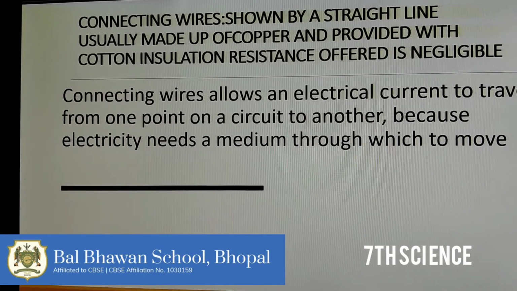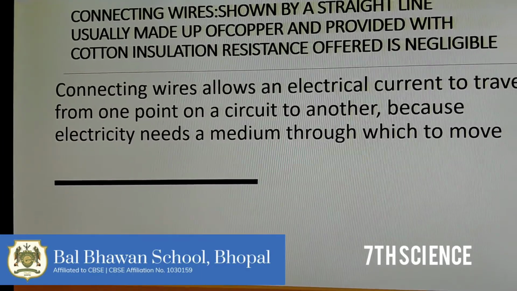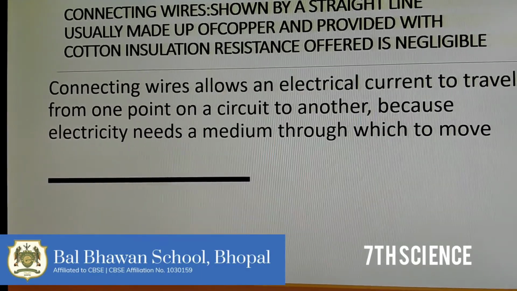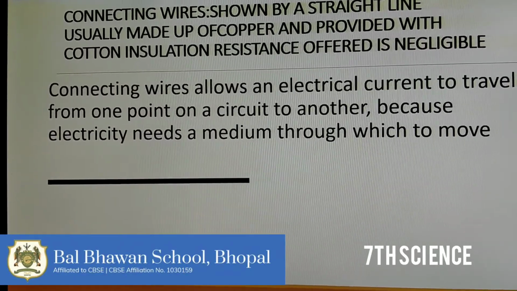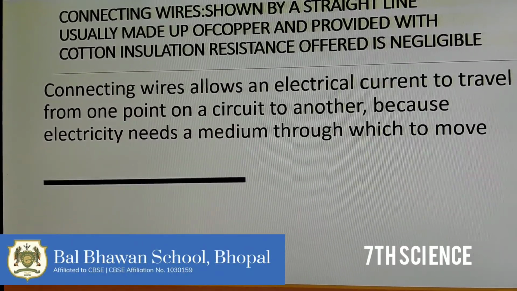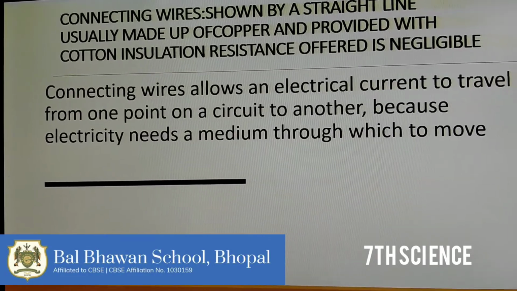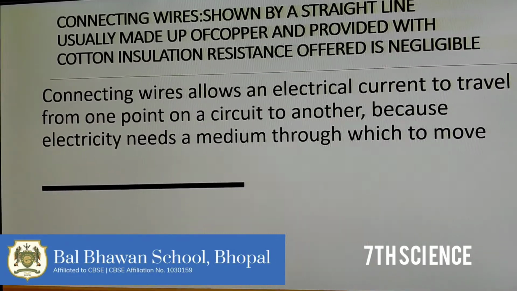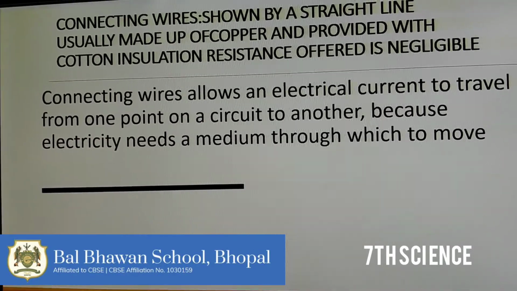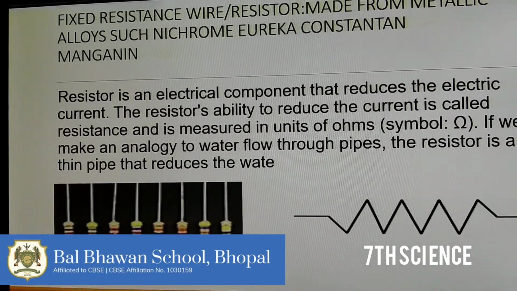Resistance offered is negligible. Function of connecting wires: to allow an electric current to move from one point on a circuit to another. It's because electricity also needs a medium through which it can move.